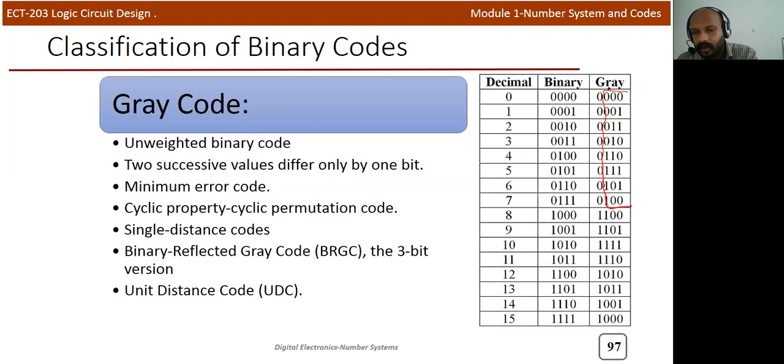If you look at the lower 2 bits, these two values are a mirror image, these two values are again a mirror image, and these two values are again a mirror image. If you look at the lower 2 bits, 0 0 here, here also 0 0, 0 1 and 0 1, 1 1 and 1 1, 1 0 and 1 0. So this is known as the binary reflected Gray code.